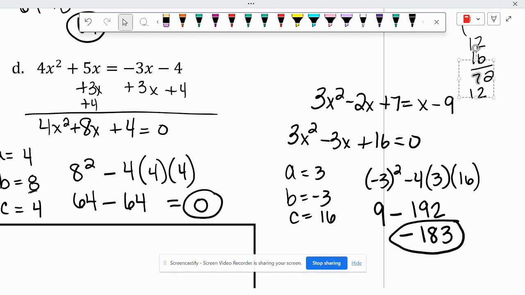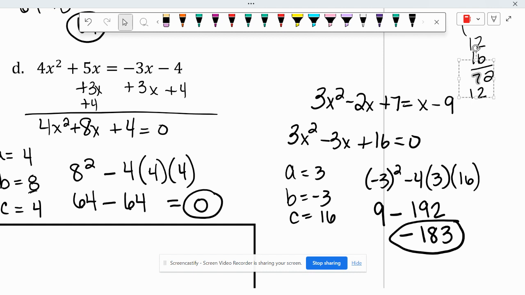Anyone get the value of the discriminant? Who wants to share their answer? What'd you get, Charlie? You got negative 67. That is not what I got. I got negative 183. Did anybody else get that? Vanessa and Haley? Got it.